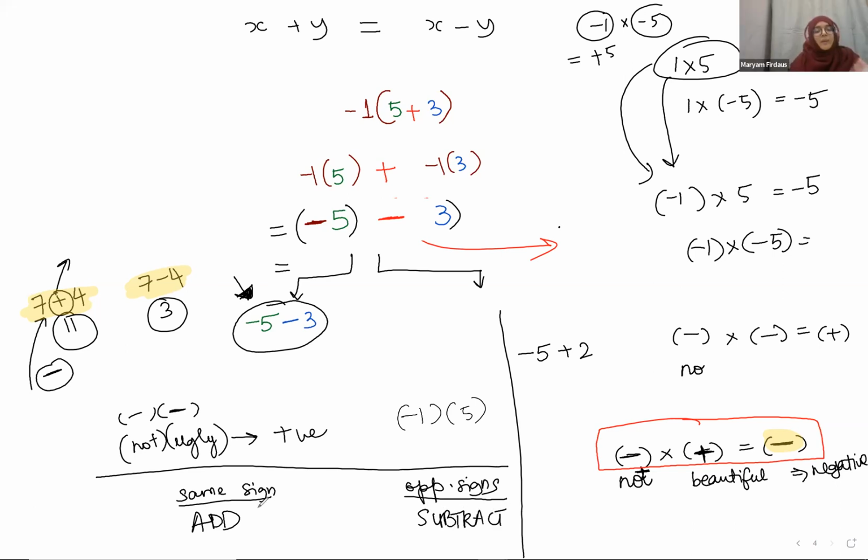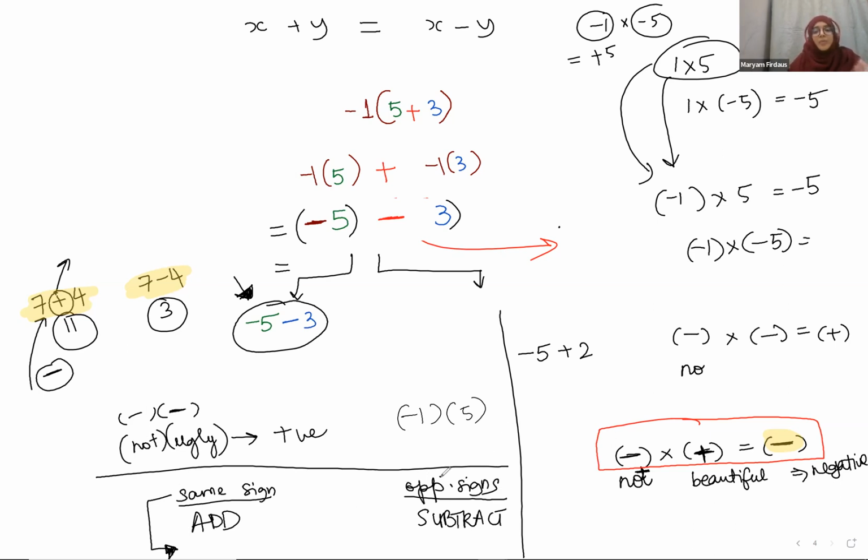If they have opposite signs, then you will subtract them, right? When they have the same sign, the resultant will also have the same sign itself. The answer will have the same sign as the two numbers had.